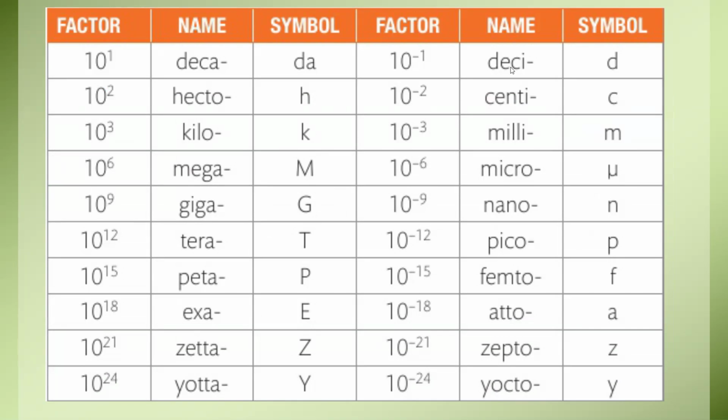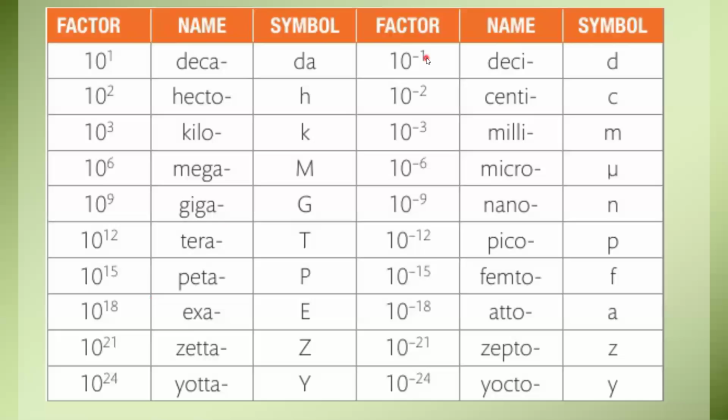For example, 10 power 1 is deca, 10 power 2 is hecto, 3 is kilo, 6 mega, 9 giga, tera, peta, exa, zetta, and yotta, which is 24.